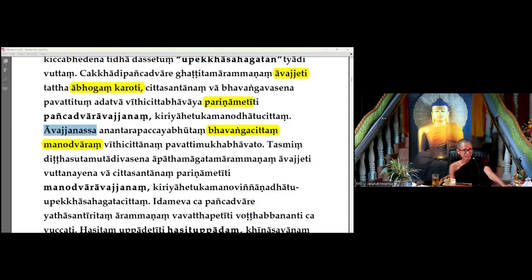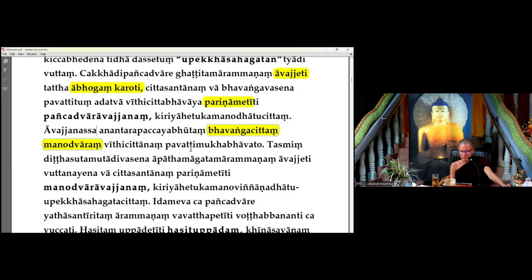That means not every Bhavanga Citta, but the Bhavanga Citta in front of Āvajjana, because the Bhavanga in front of Āvajjana will support Āvajjana as an anantara paccaya. So the Bhavanga Citta in front of Manodvārāvajjana is a Manodvāra.